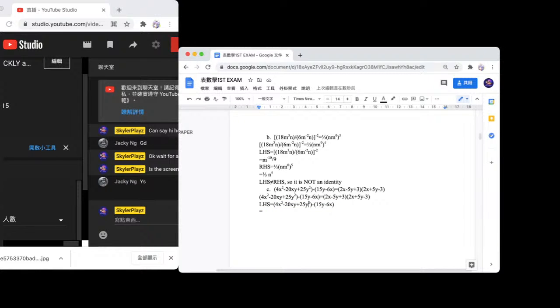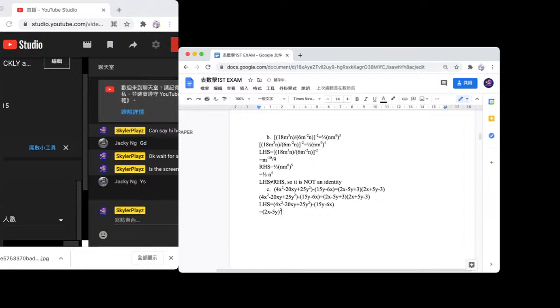As you can see, 4x squared is 2x squared. It's 2x in brackets squared. And then 25y squared is equal to 5y in brackets squared. So 20xy is equal to negative 2 times 2x times 5y. And therefore we can conclude that it is equal to 2x minus 5y to the power of 2.